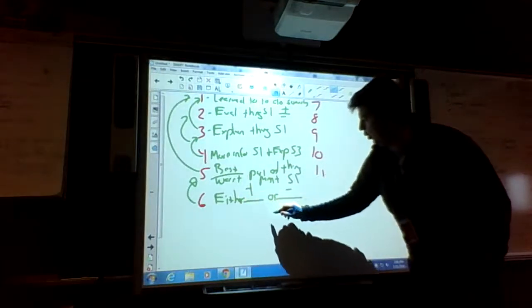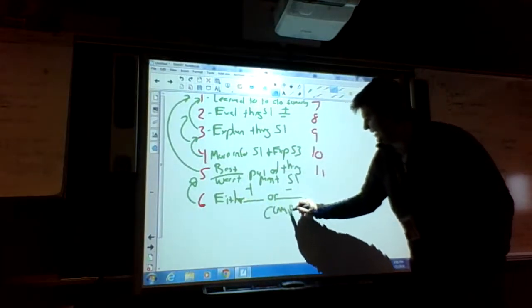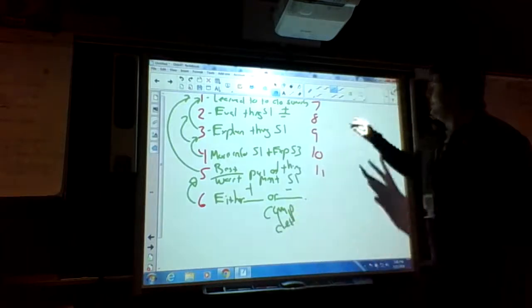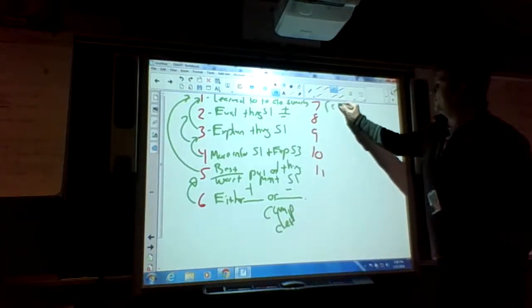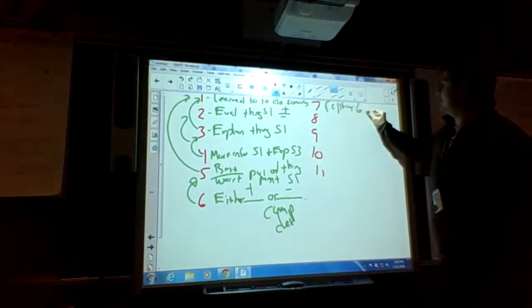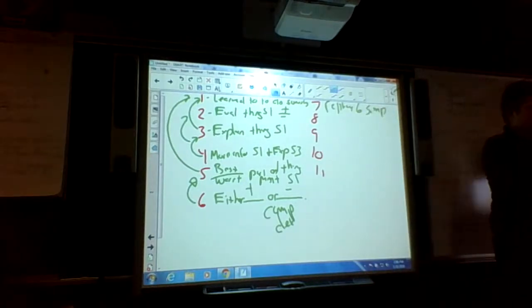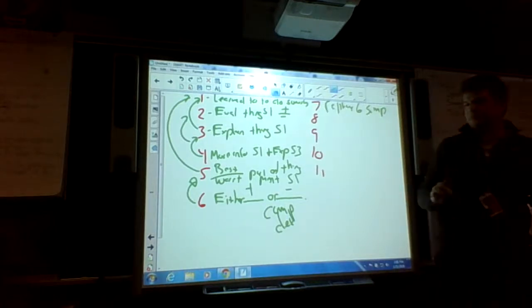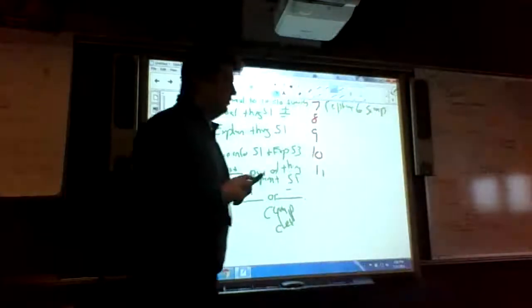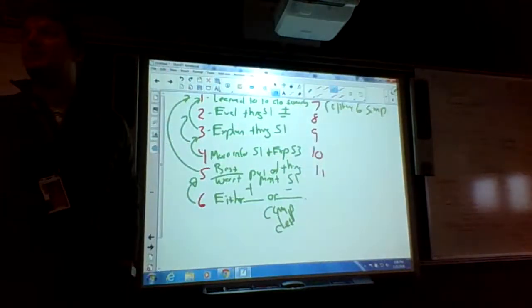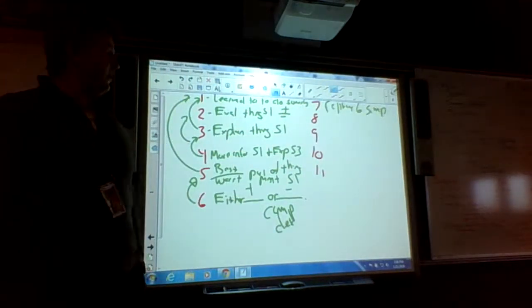It's an either or, and this needs to be complicated or detailed. Number 7 rephrases 6 simply. Does that make sense? Okay.